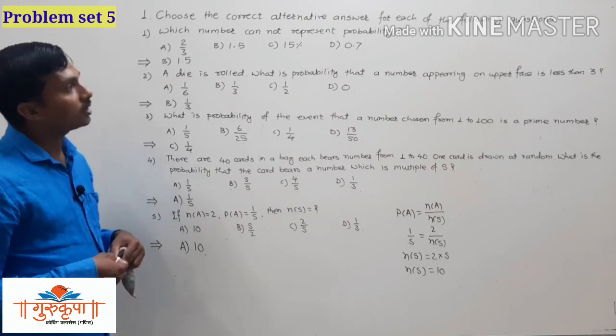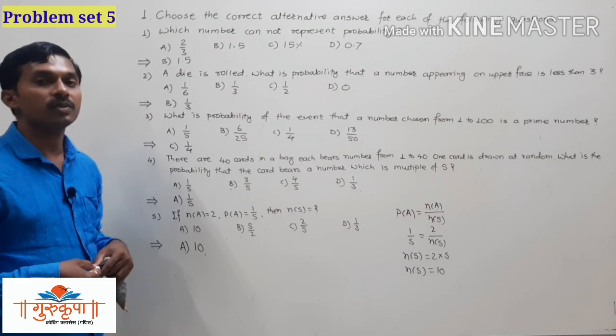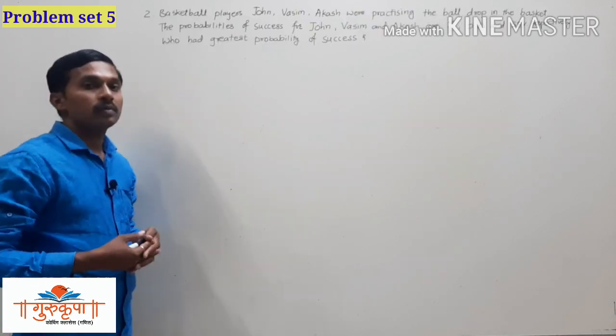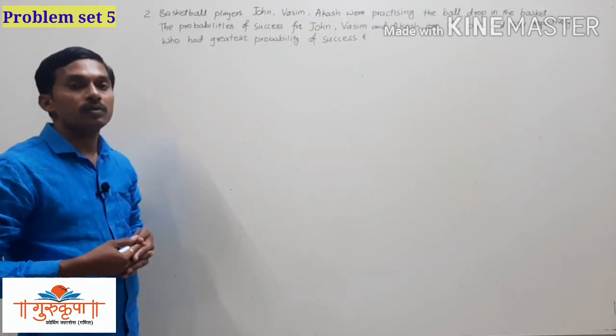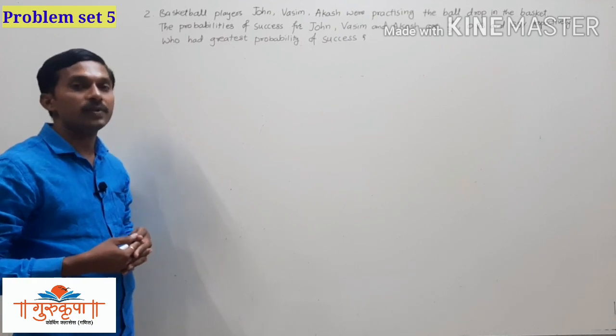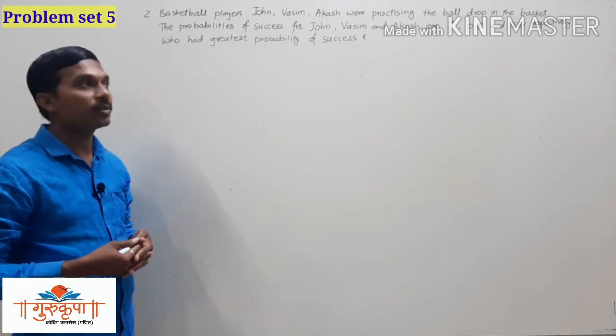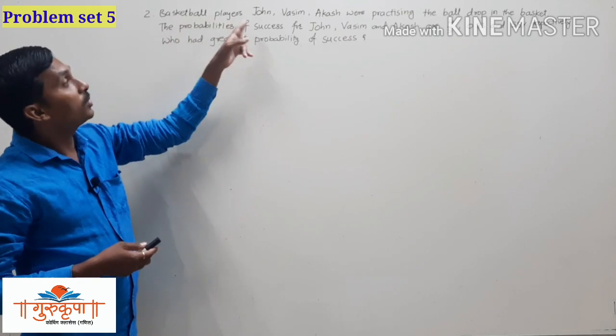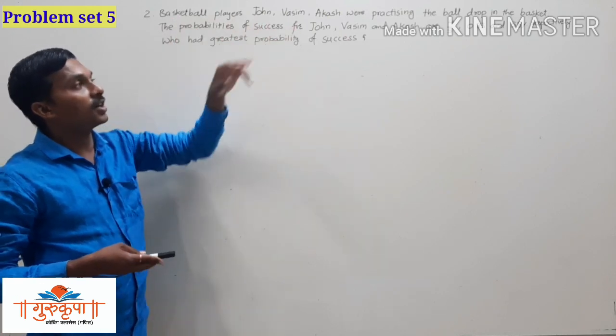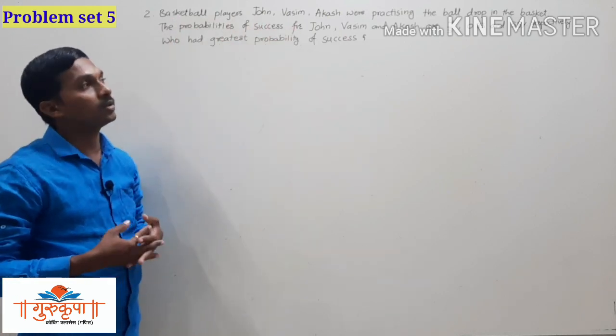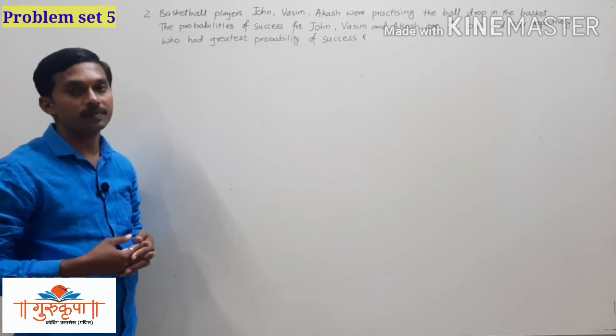Now we will take the next question, question number 2 from problem set 5. The question is very easy. Basketball players John, Wasim and Akash were practicing ball drop in the basket.